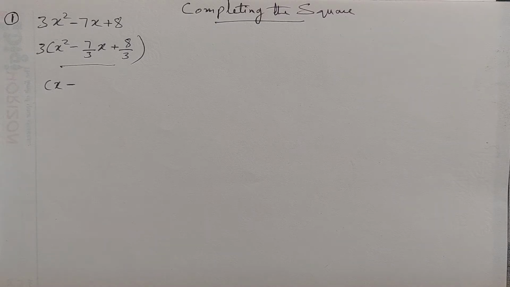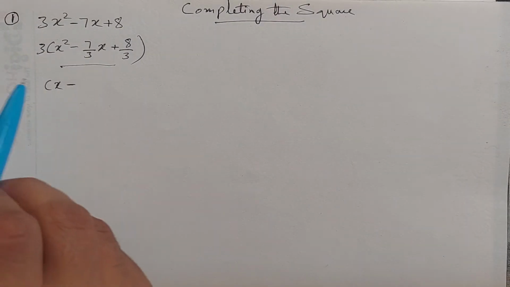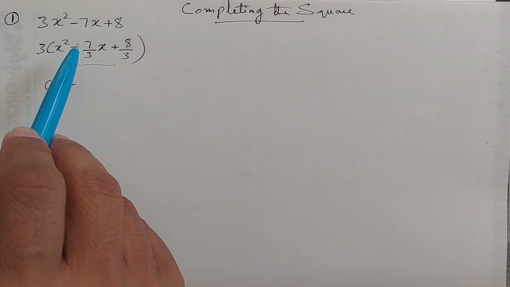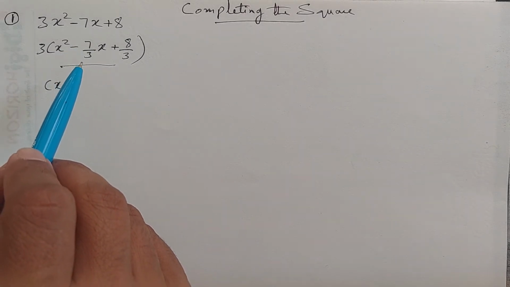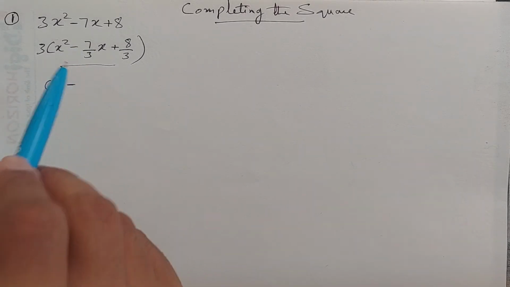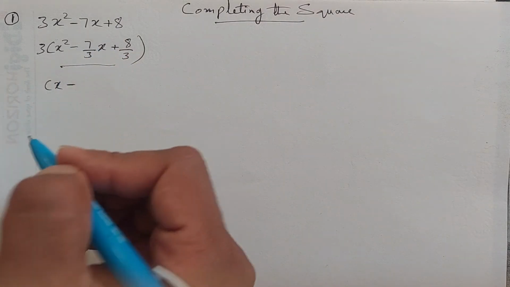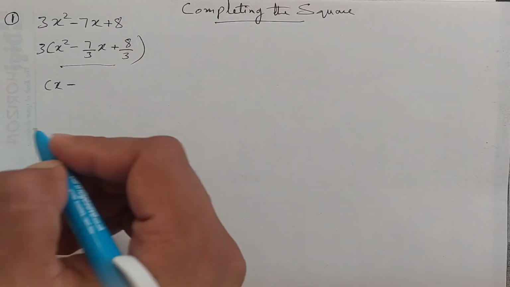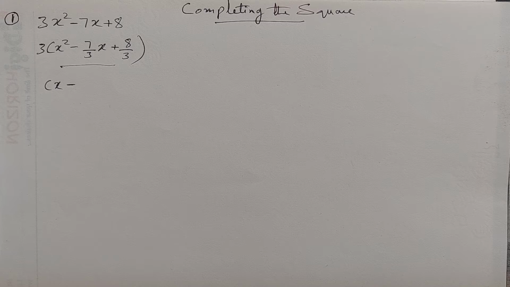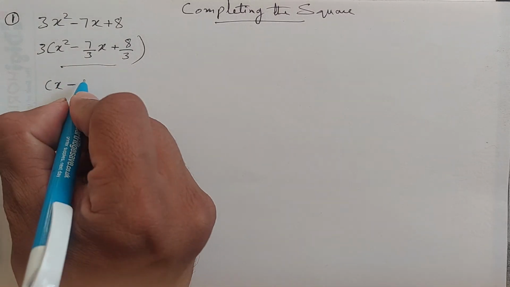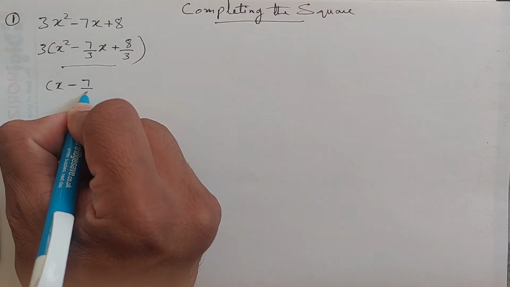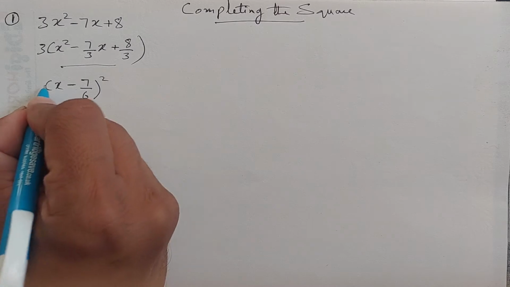Normally, when you half the 7 over 3, either you divide the top number by 2 or multiply the bottom number by 2. Here we can't divide 7 over 2, we'll get a decimal, so we multiply the bottom number by 2. So that will become 7 over 6, whole squared.